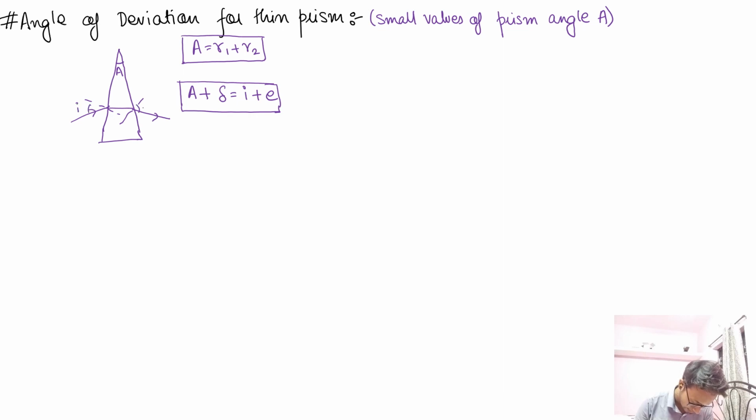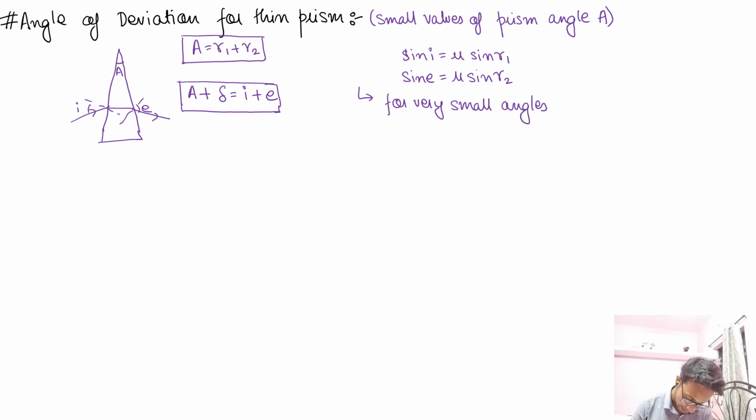This is angle I, and this is angle E. So can I write 1 sine I is equal to mu sine R1, and mu sine R2 is equal to sine E. Now there is a mathematical concept: for very small angles theta, where theta should be in radians, theta can be approximated as sine theta, which can be approximated as tan theta. So this is a mathematical result that we'll use here.